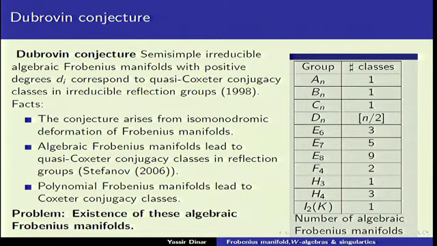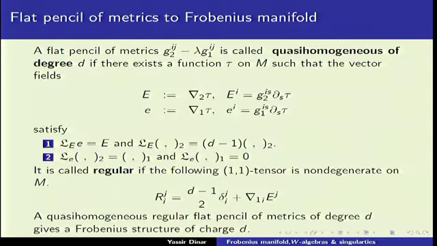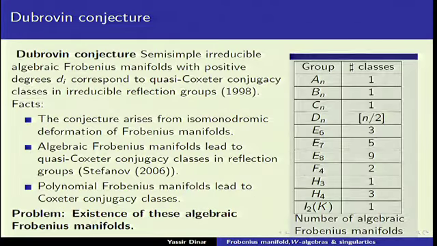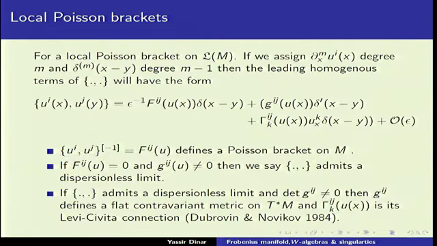Here the polynomial Frobenius manifold was constructed by using invariant theory, or Chevalley's theorem. If you want to generalize this to algebraic structures, we don't have a corresponding theorem to use. So our solution to this problem is to go to integrable systems, mainly to local Poisson brackets.